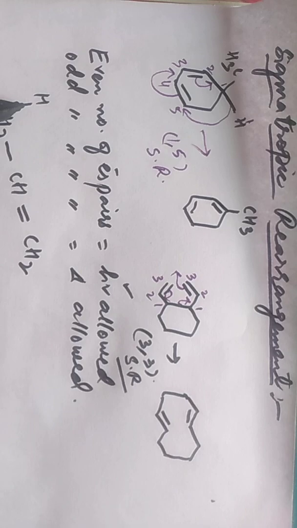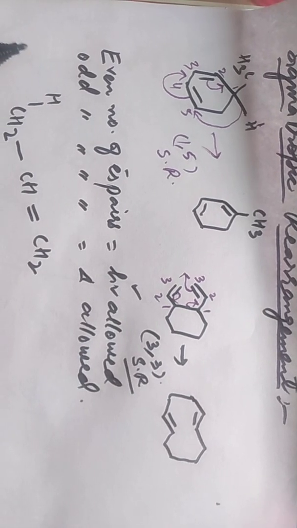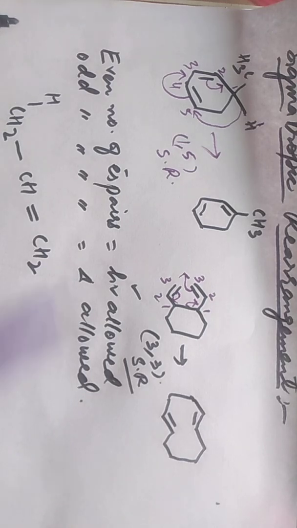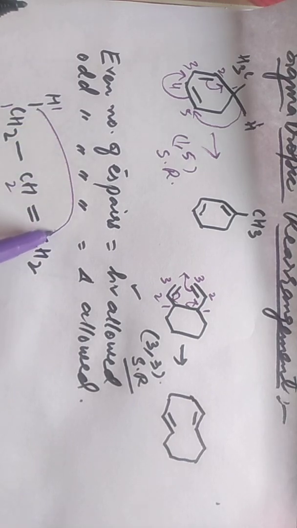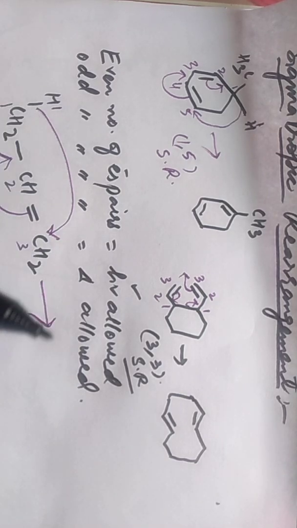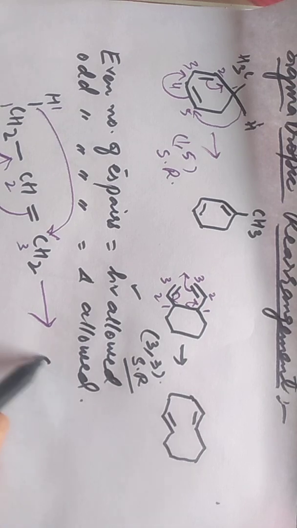In this case, this is an allylic bond. So we start numbering from this bond to both sides. Now what happens? This bond shifts to this position and this bond shifts to this position, and we get the product like this.